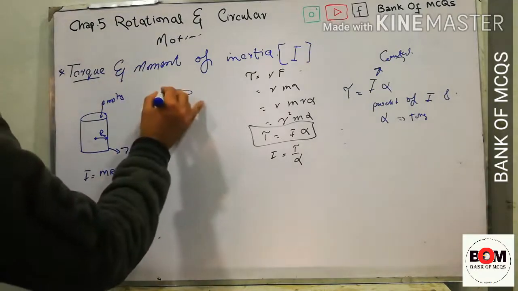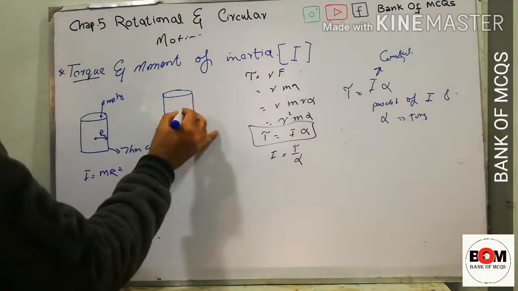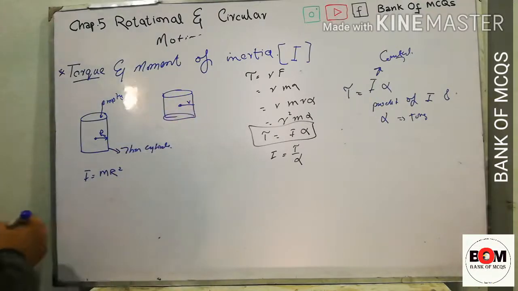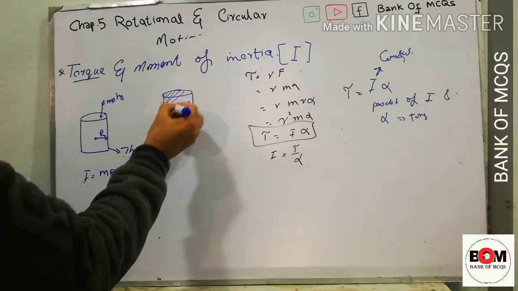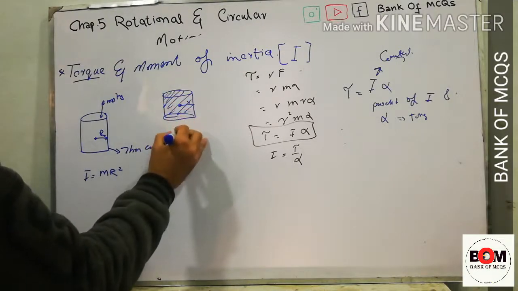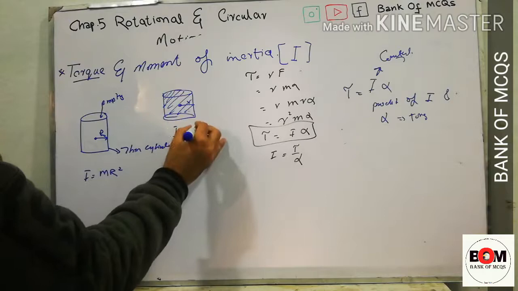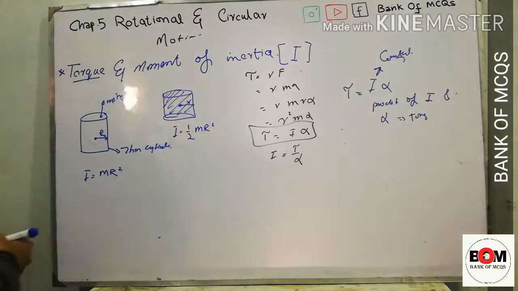If we have a disk or solid body of radius r, this is a solid disk, meaning it is filled from inside. For that I is equal to half m r square.